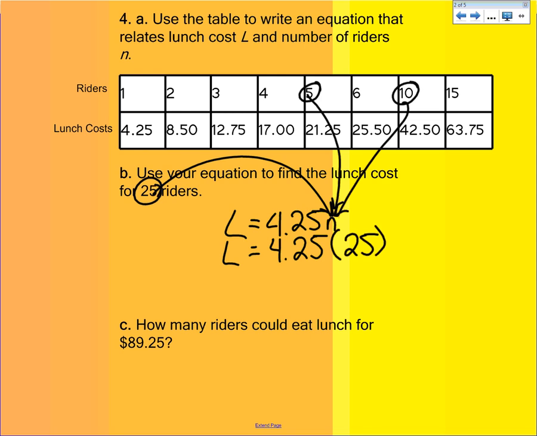And remember, we're not going to use a multiplication sign, the X or the dot or anything like that. We're just going to use parentheses. All right? So 4.25 times 25. If you have a calculator, do that real quick. And on mine, it says L equals, for 25 people, $106.25.